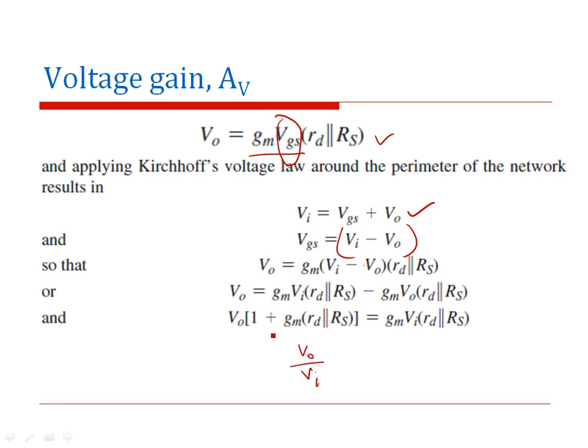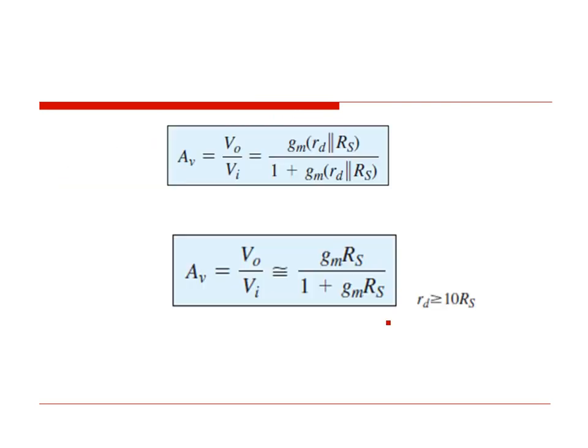You can rewrite the expressions. Then if you write the expression for V naught by Vi, you will get the voltage gain as Gm into RD parallel to RS divided by 1 plus Gm into RD parallel to RS. If this term is very large, then this ratio is close to unity, though it won't become exactly equal to unity.